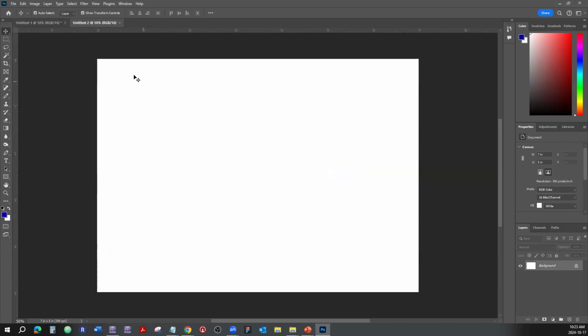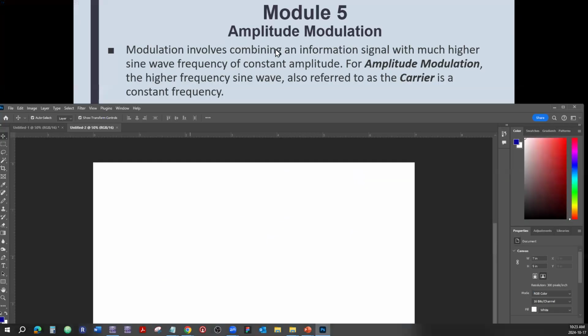There. All right, so what we have is a carrier. What this one is saying here: modulation involves combining an information signal with a much higher sine wave. For the information signal, we also call it the intelligence signal. That was that 1 kilohertz waveform that we were introducing into the circuit.